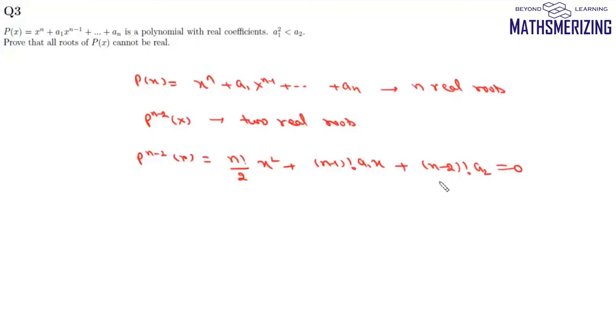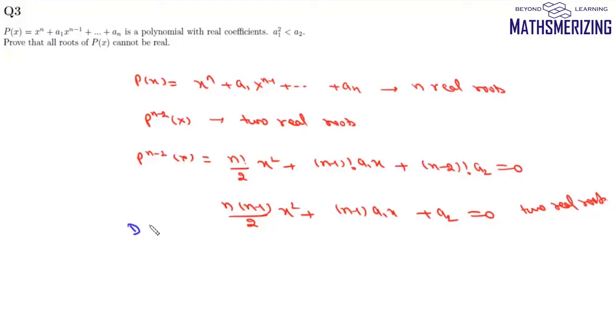Now what we'll do is take (n-2)! common, then we can simply write (n(n-1)/2) x^2 + (n-1) a1 x + a2 = 0, and this equation should have 2 real roots. Now if this equation has 2 real roots, then the condition should be D greater than or equal to 0.